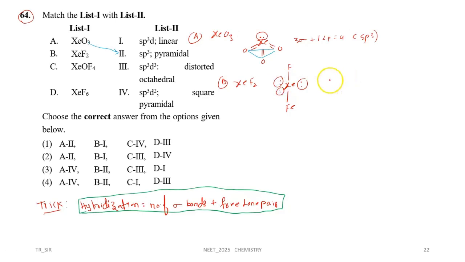So here we have two sigma bonds plus three lone pairs. That is a total of five, which is sp3d hybridization. Now what is the shape? The shape should be taken as linear, considering only the bonds. Linear is the shape.